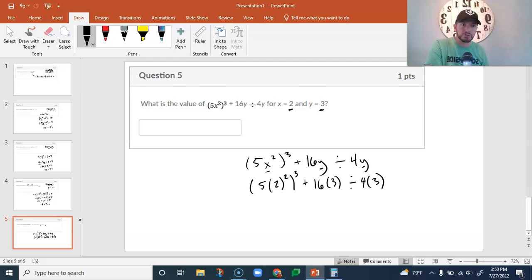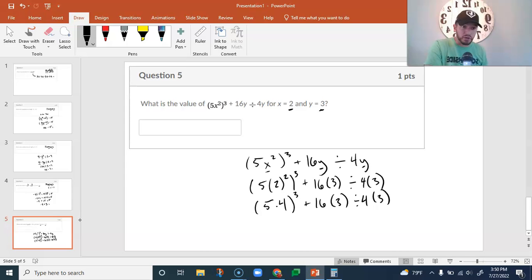Okay, so for this one, we need to deal with these parentheses first. So I need to deal with the exponent first inside the parentheses. So 2 squared is 4. So now I have 5 times 4 to the third power plus 16 times 3 divided by 4 times 3.